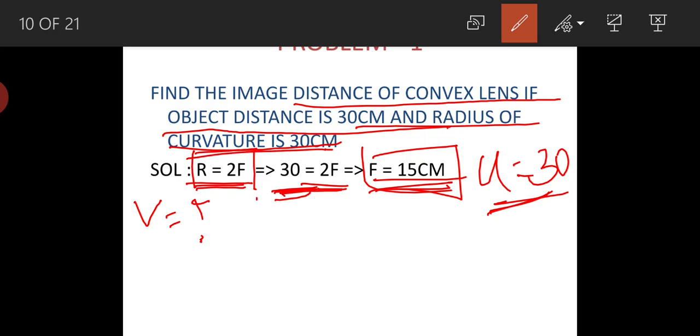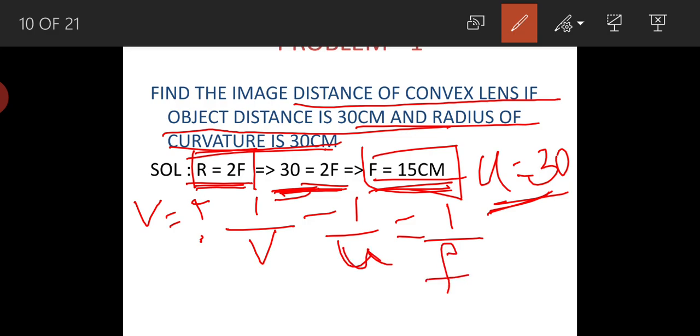So we know that the lens formula is 1 by v minus 1 by u is equal to 1 by f. But this is the general formula, so you should not use this general formula. You need to use the lens formula for convex lens, because in the question it is given convex lens.